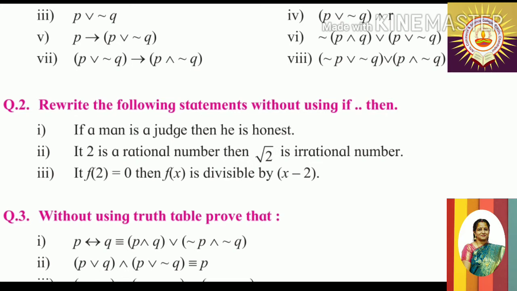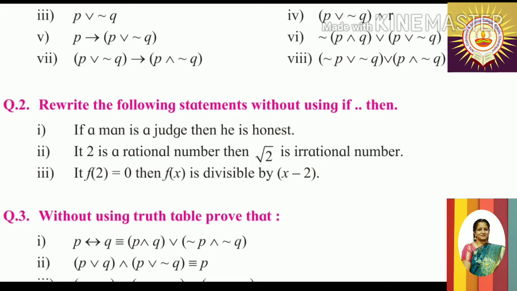The second example, if 2 is a rational number then root 2 is irrational number. Now here also again you have to write down what is P, what is Q. So here P can be written as 2 is a rational number, Q can be written as root 2 is irrational number. Again it is conditional form.